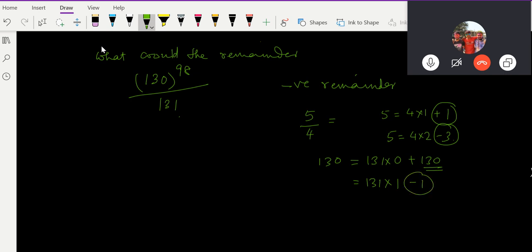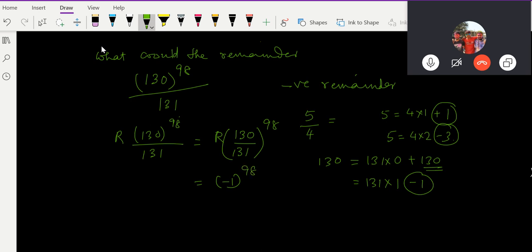So the remainder of 130 to the power 98 over 131 will be the same as remainder of 130 by 131, to the power 98, which is minus 1 to the power 98, which is plus 1.